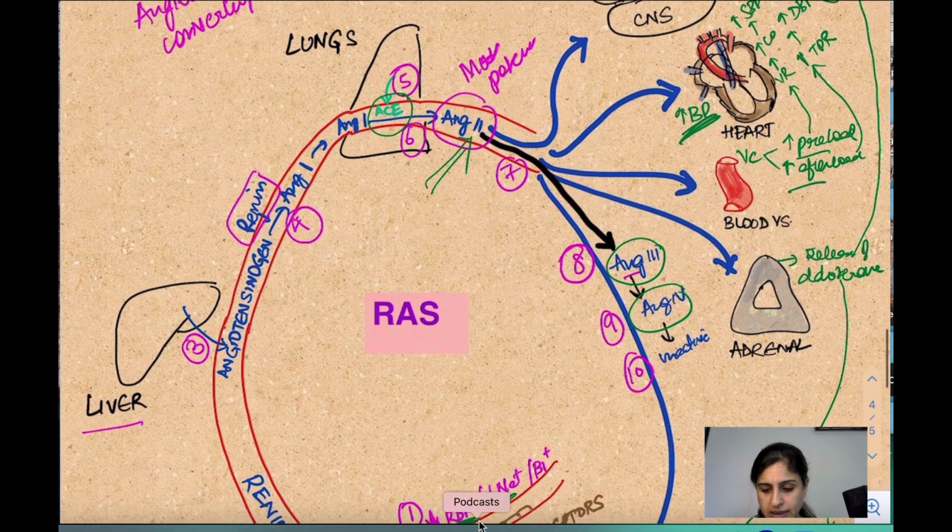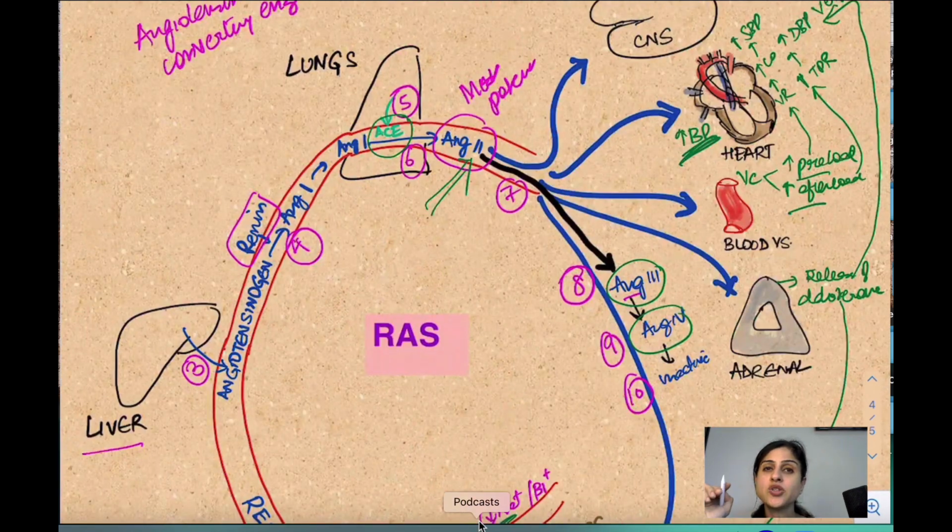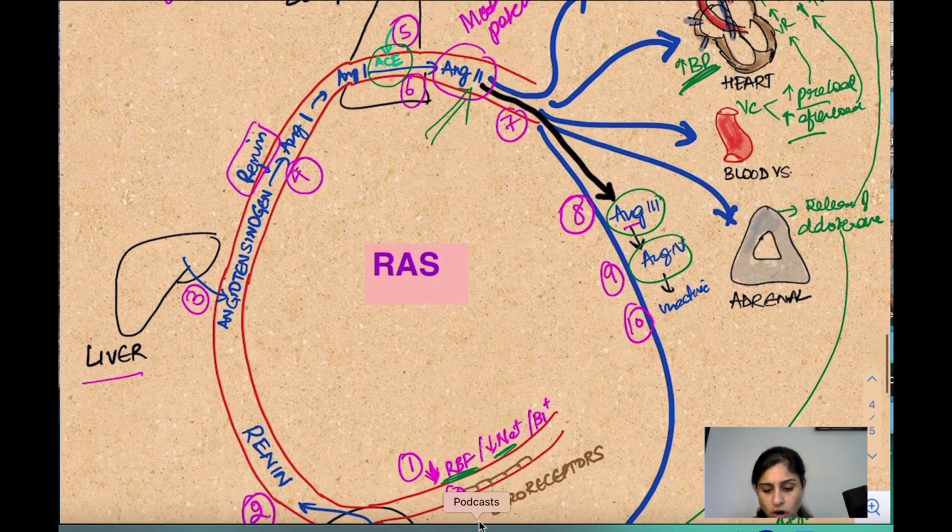In the subsequent lecture we are going to see how angiotensin 2 acts, what are the receptors on which it acts, and then we are going to do drugs acting on this whole RAS. Okay, so for today you just go and revise the whole system, because the same diagram I'll be taking up and इसी पे हम drugs भी करेंगे.